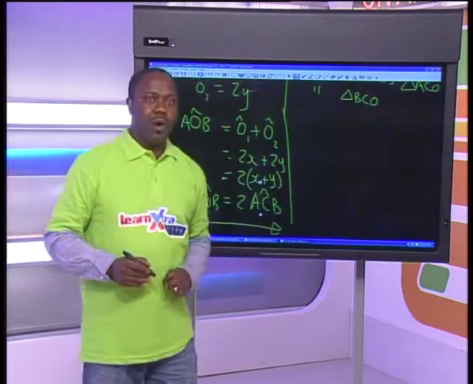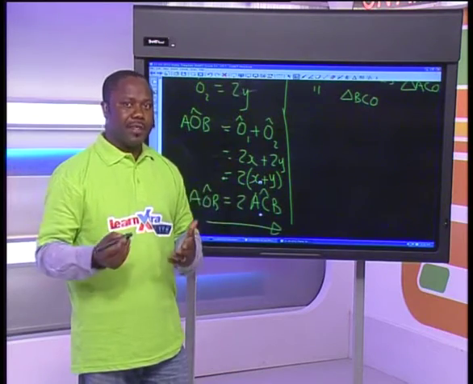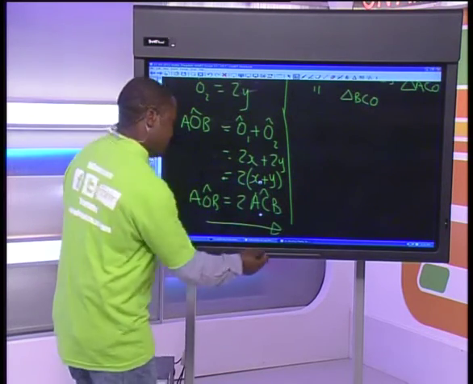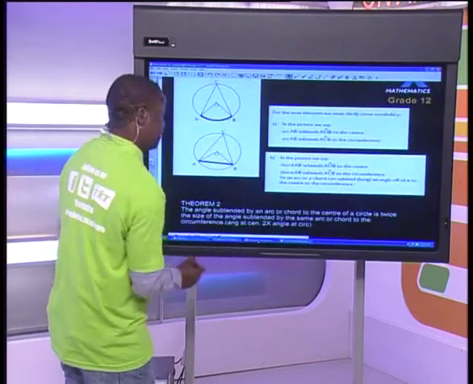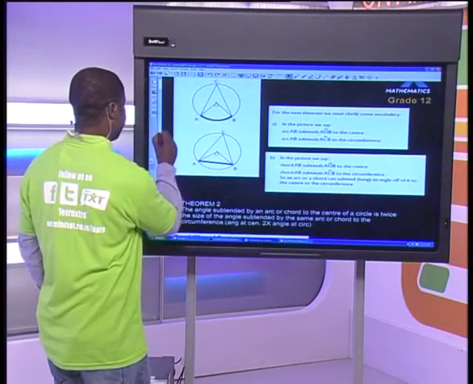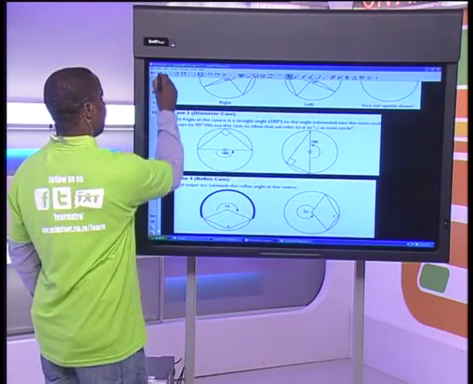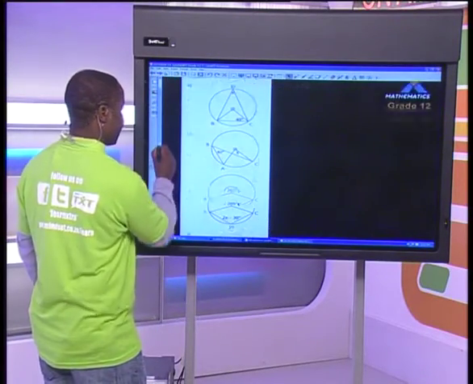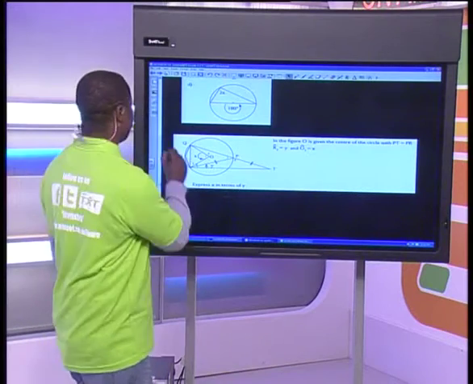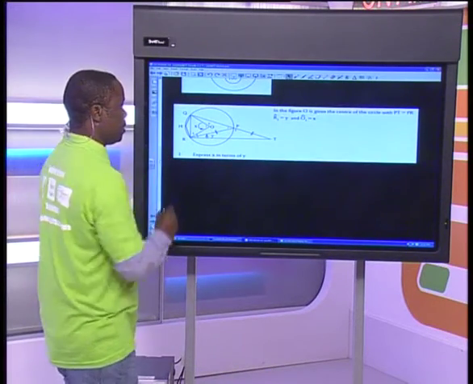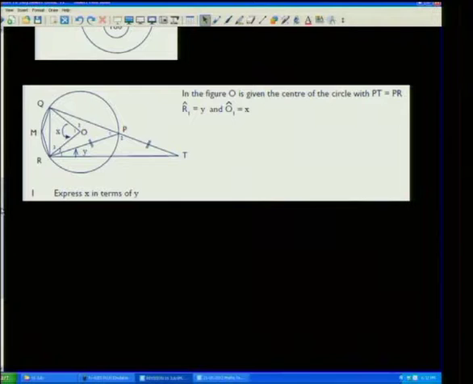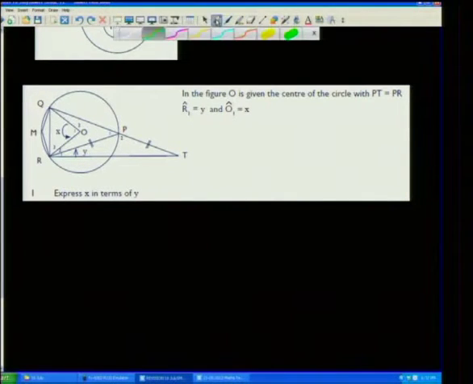I would like to jump to one question that will require us to apply this. And if I can just move to that quickly. All right, one more. So I've got this question here. Look at this figure. You've been given this circle.